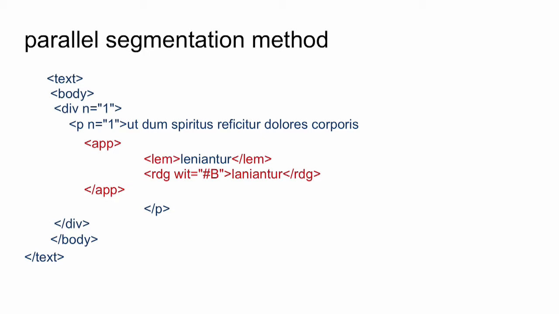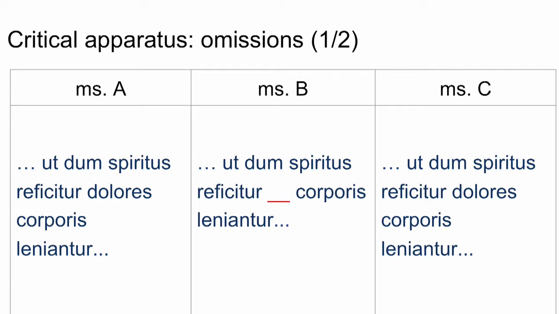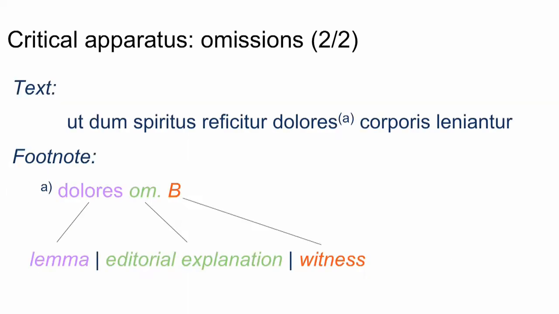So let's see other examples, but just with the parallel segmentation method this time, on how to deal with omissions, for instance. So here, same example as we saw in the previous module. This time, let's say that manuscript B has omitted the word dolores, and we are going to represent that like this in a traditional print apparatus.